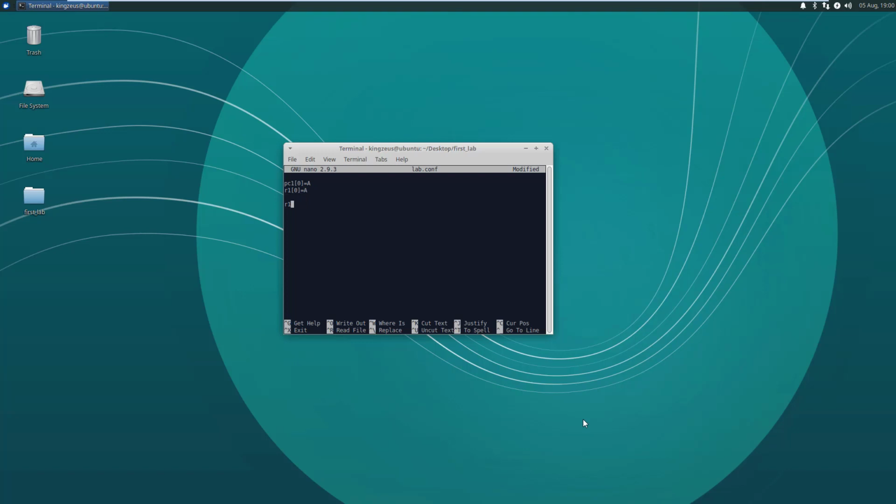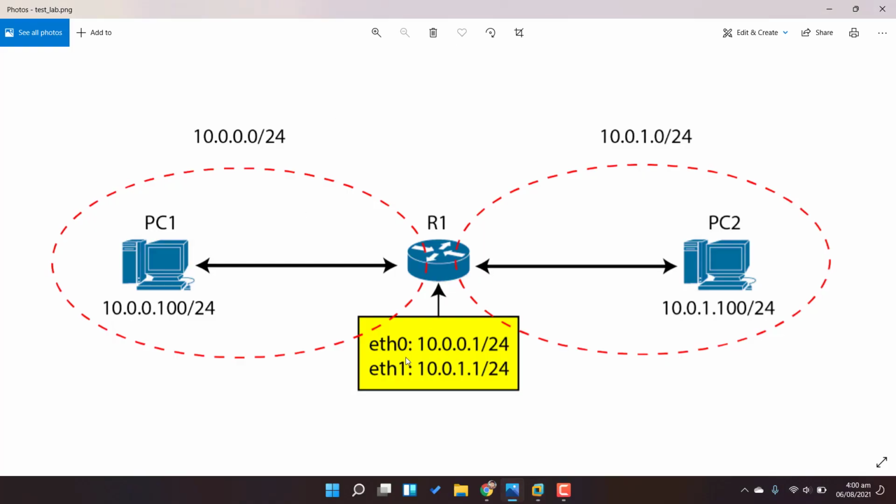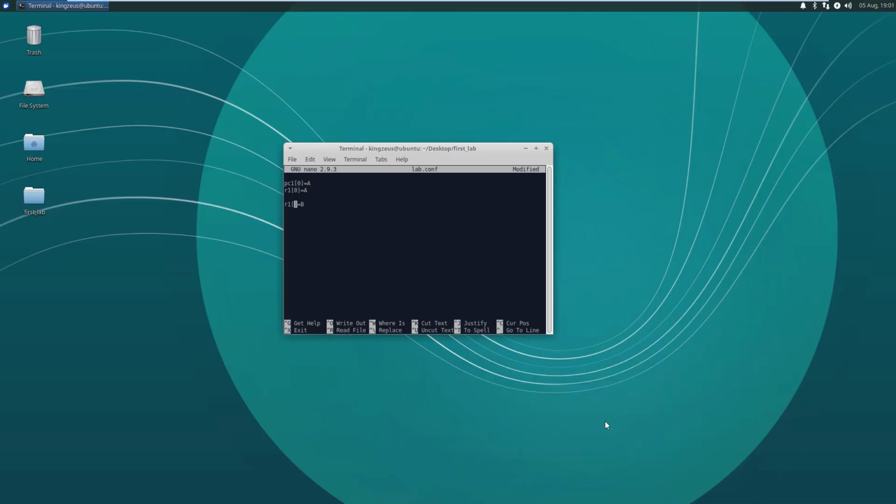Now R1 is also in the B domain, the second domain, and it has two interfaces: Ethernet interface 0 and Ethernet interface 1, just as you can see in the example. So we have Ethernet interface 0 right here, and here we have to give it 1.